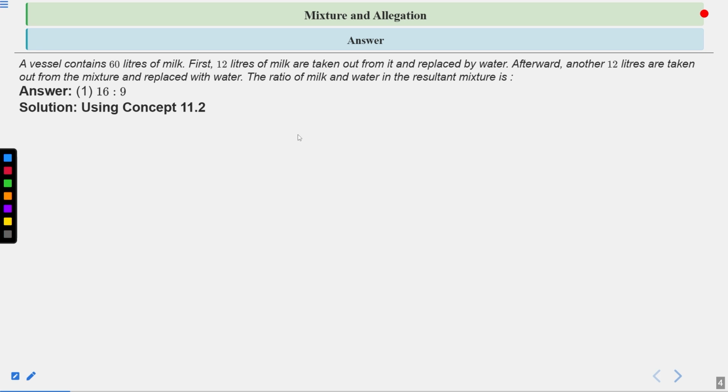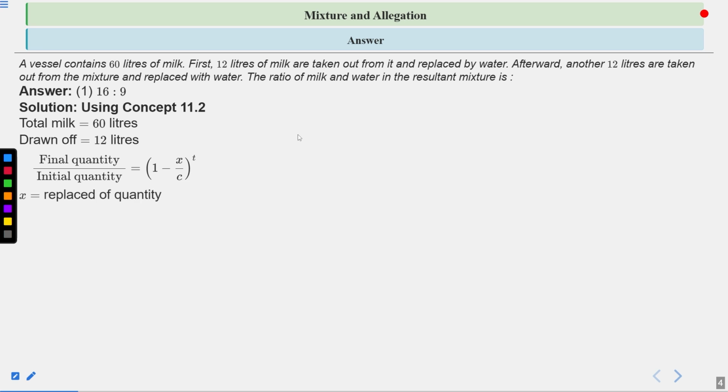Now see the detailed solution using concept 11.2 in this question. Let the total milk be 60 liter, as given in the question. Drawn off is 12 liter. So the final quantity upon initial quantity ratio is (1 minus quantity taken out upon initial quantity) to the whole power t, where t represents the number of times the process has been repeated.